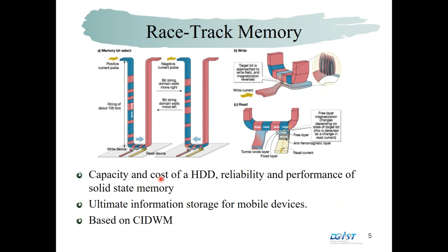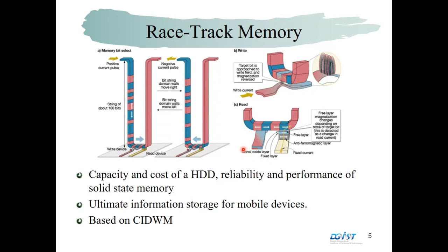Okay, and that means we can make capacity and cost comparable to the hard disk drive, but we have a much more reliable and very high performance solid state memory. So it is a very attractive idea. So many industries started to get involved in this research.